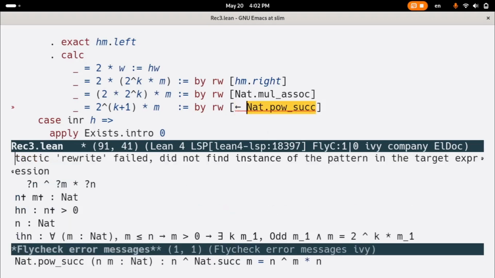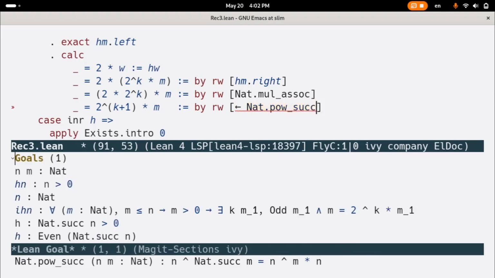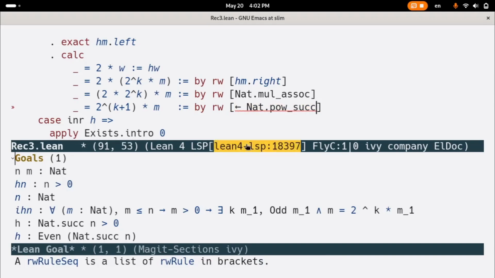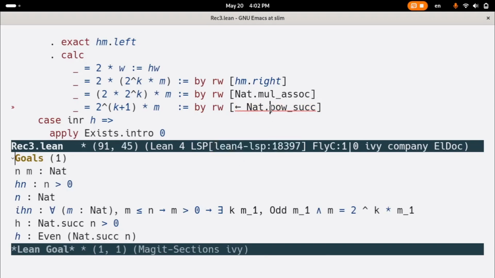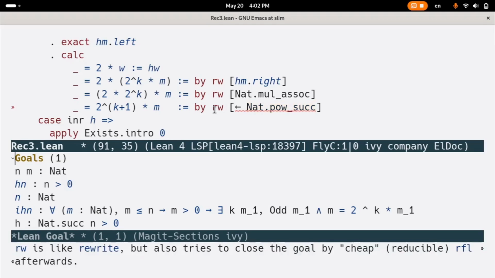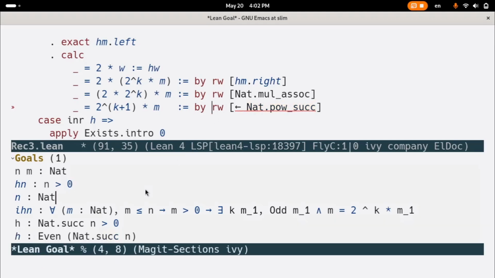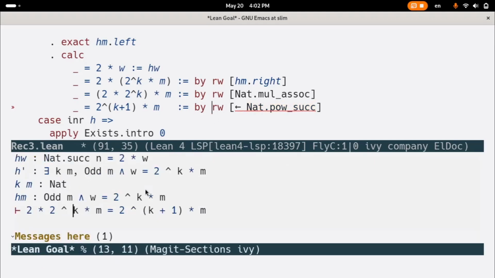So we specify the left arrow here. This still does not work, because the pow_succ theorem requires 2 power k times 2 and not 2 times 2 power k.